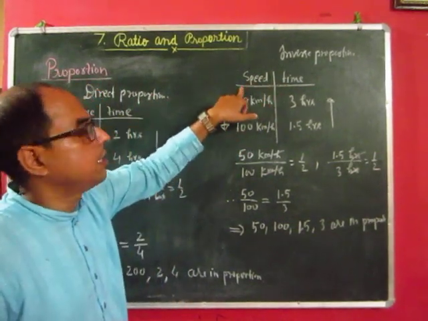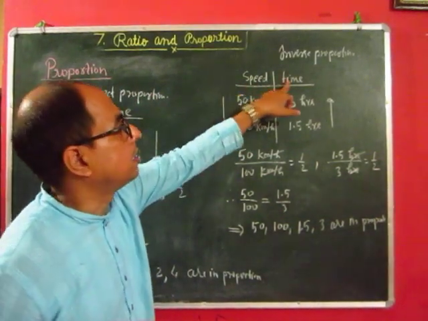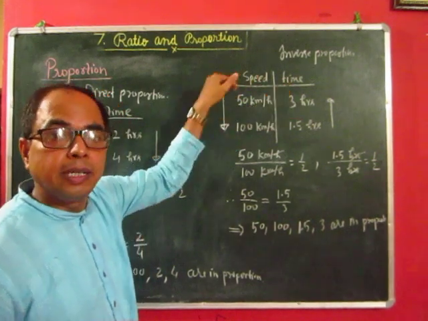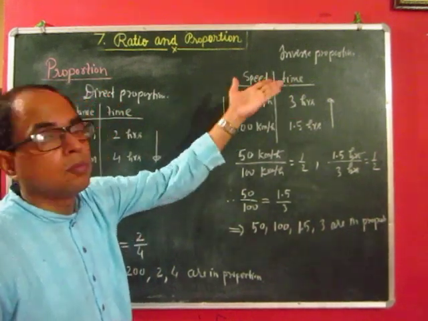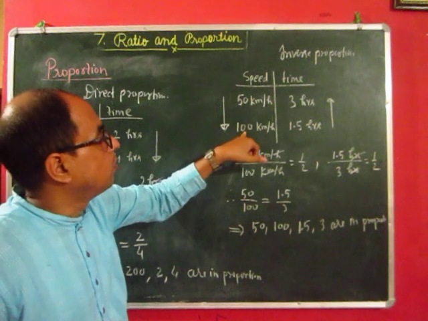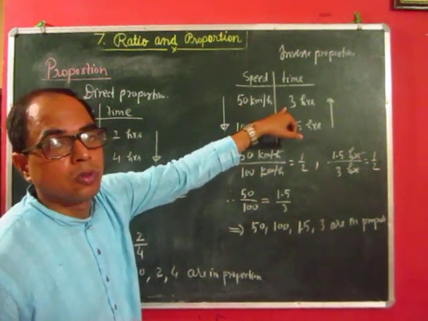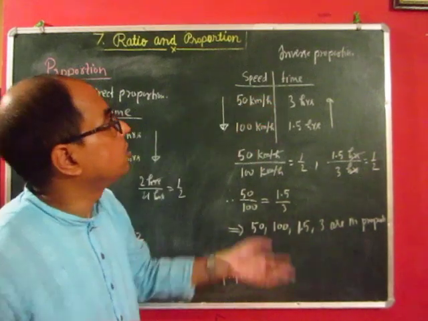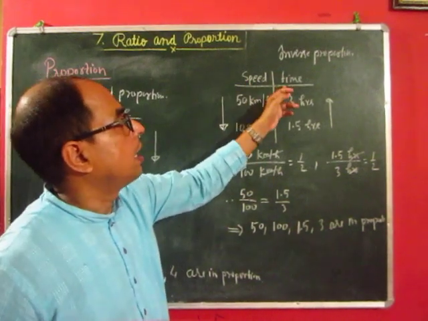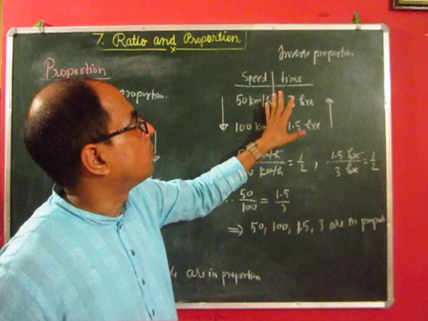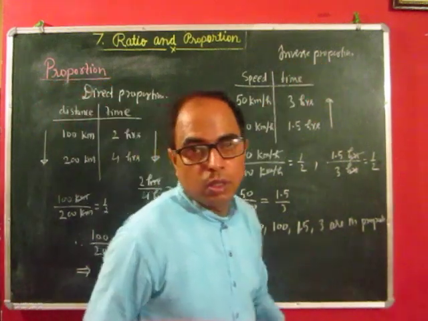Speed and time are inversely proportional to each other. If speed increases, it takes less time. If speed decreases, it takes more time. Speed is more, time is less. Speed is less, time is more. So there is an inverse relation between speed and time, and that's why this type is called inverse proportion. Clear?